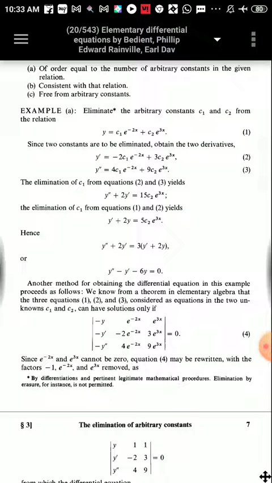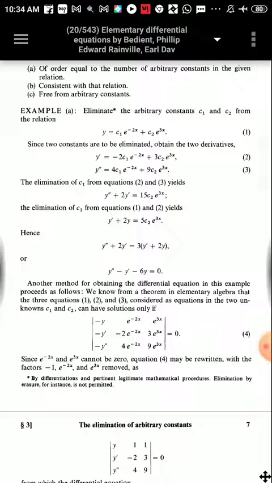Okay, so another method for obtaining the differential equation in this example proceeds as follows.